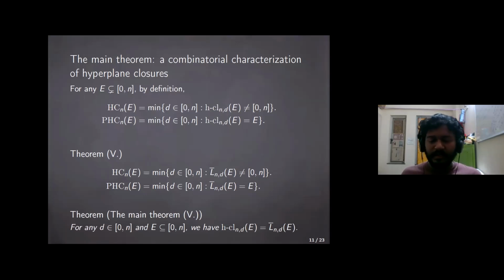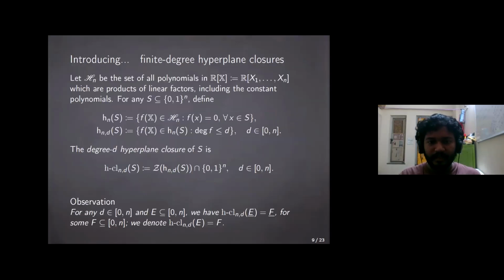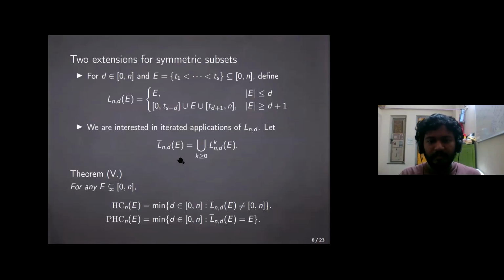All right. So let me just rewind to the definition of L bar a few slides back. L bar is repeated application of the operator L corresponding to the degree D. And all it says is we start with a subset E, a symmetric subset. And I keep applying the operator L in a greedy fashion.